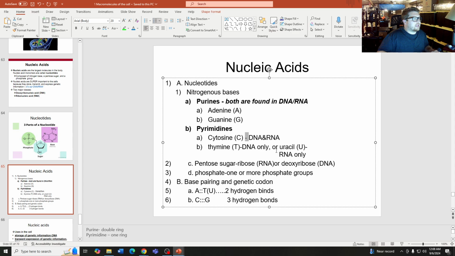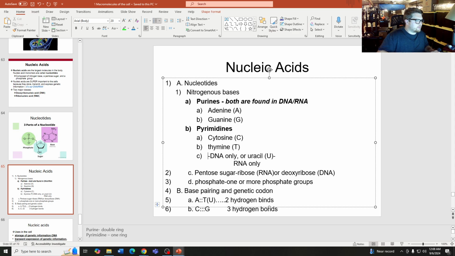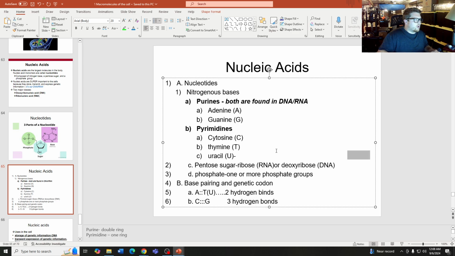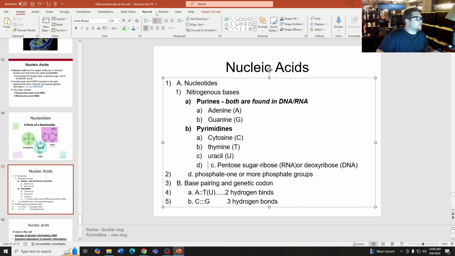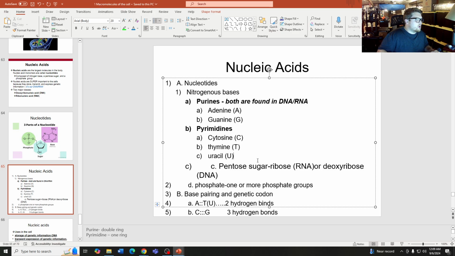Pyrimidines, they have an extra one. So while we have cytosine and thymine, we also have uracil. Cytosine is DNA and RNA. Thymine is DNA only. Uracil, RNA only. And that replaces the thymine in RNA.